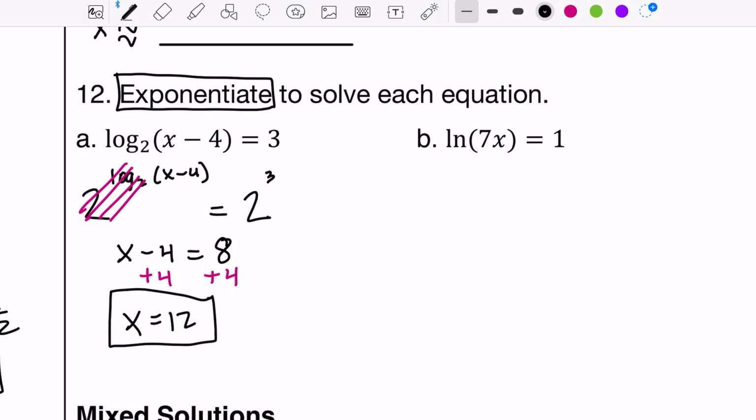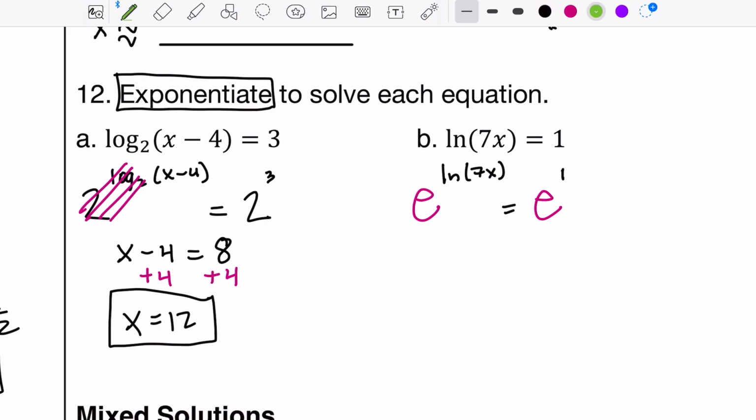For this next one, we have the natural log of 7x equals 1. So to undo the natural log, we're going to use the reverse of that, which is base e. And what we do to one side, we do to the other.